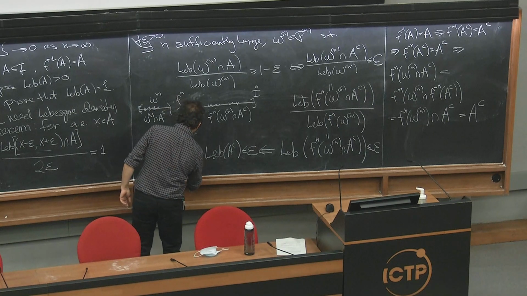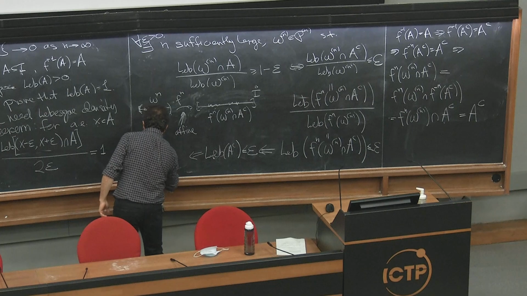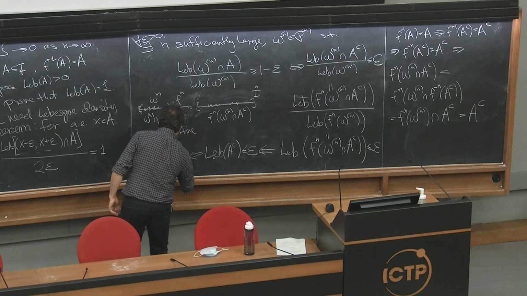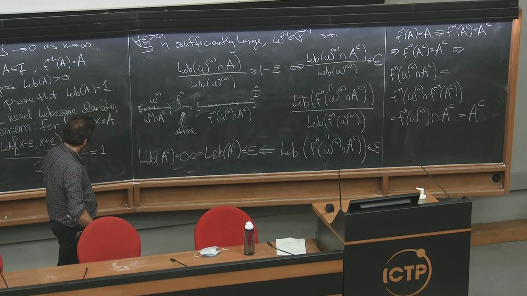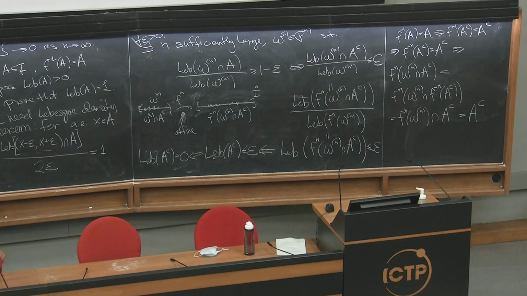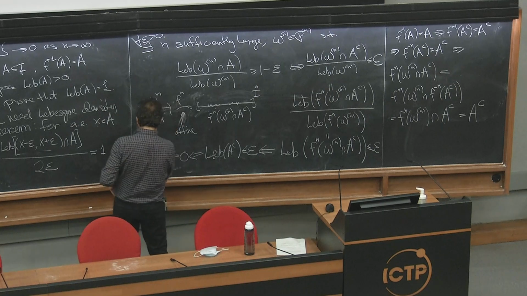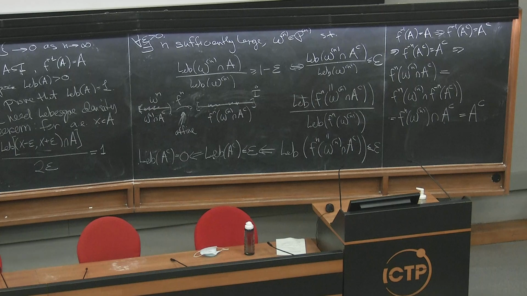So this means that the Lebesgue measure of AC is equal to 0. So this completes the proof of the fact that the Lebesgue measure is ergodic.